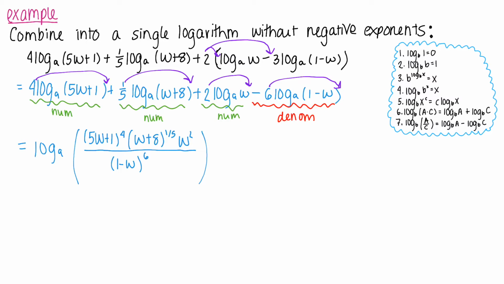And if you wanted to make this really fancy, you could turn this into the 5th root of w plus 8, but I'm just going to circle it and call it there. So there you go. That's expanding and combining logarithms. The most important thing from this section, I would say, is expanding and combining logarithms. So definitely practice those ones.